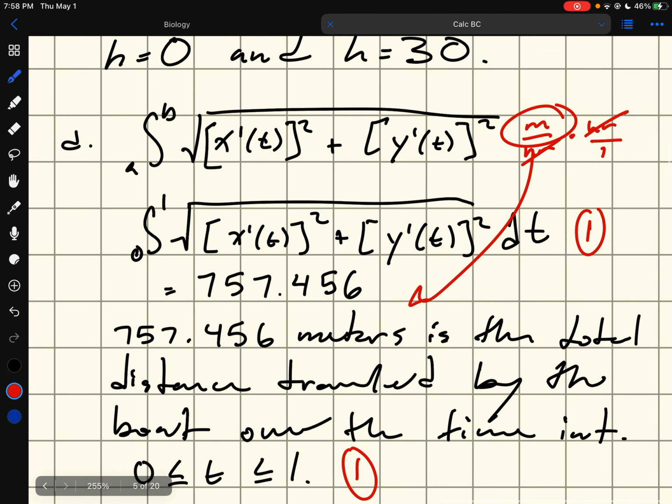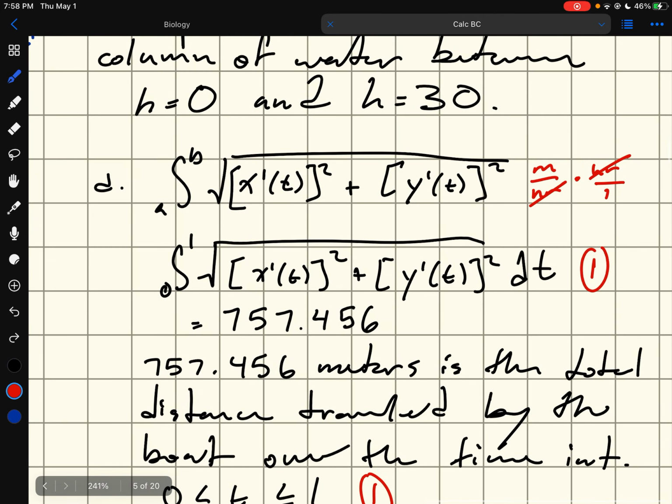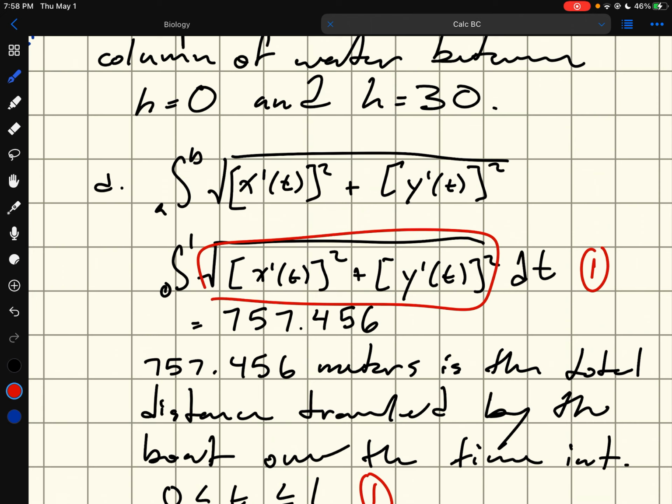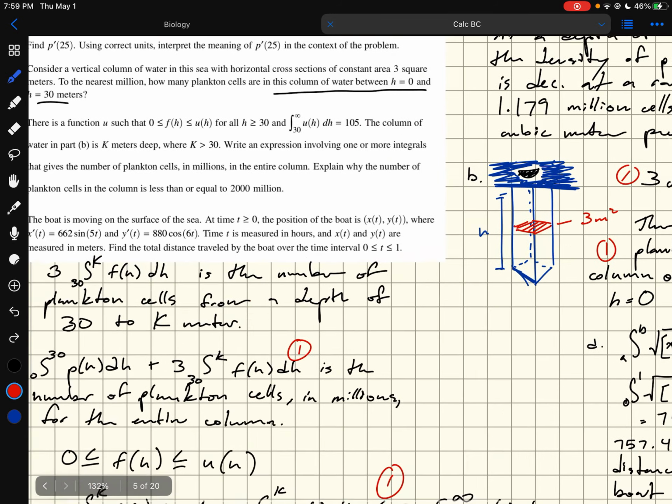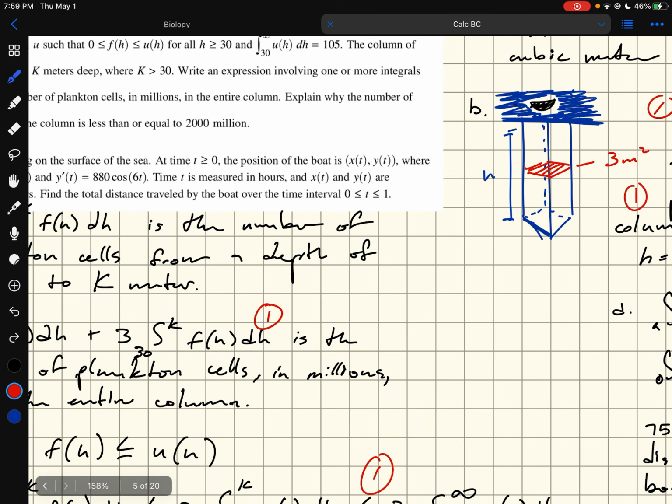That's also another way you can find your units. Just take the units of whatever is in the integral and then take the units of what you're integrating with respect to, multiply them to each other, multiply it out, and you'll get this. It's pretty much the same thing with derivatives. Let's just use this example again. It's in terms of meters per hour.